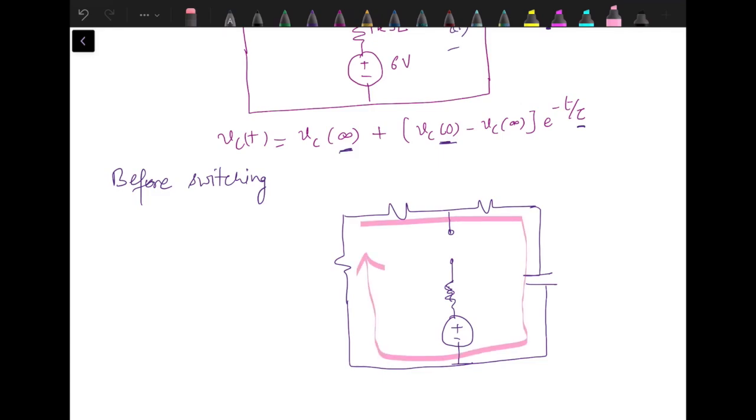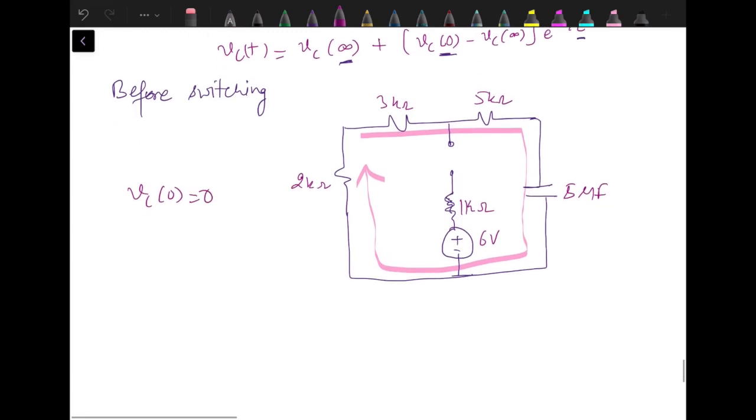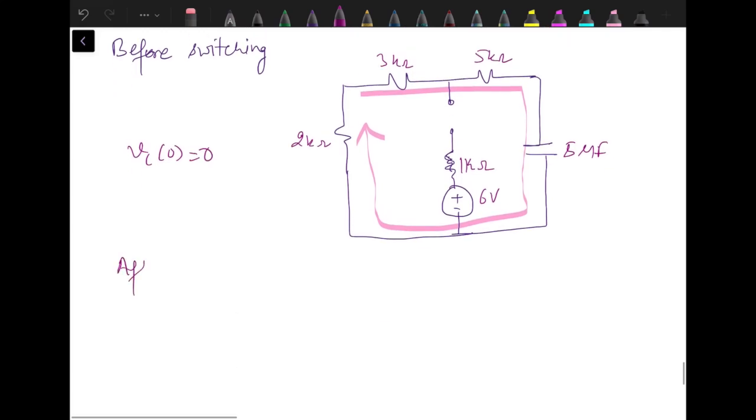Since we don't have any active source, irrespective of what is the value of these resistances, the voltage across this 5 microfarad capacitor is actually 0. So Vc0 is actually 0. Then we have after switching, the switch is closed.